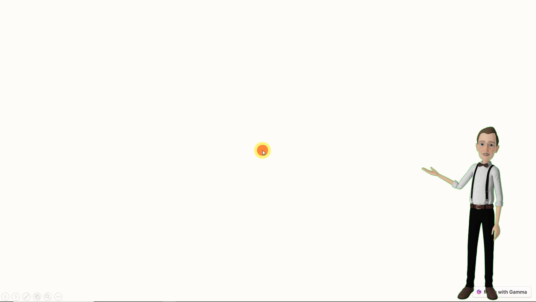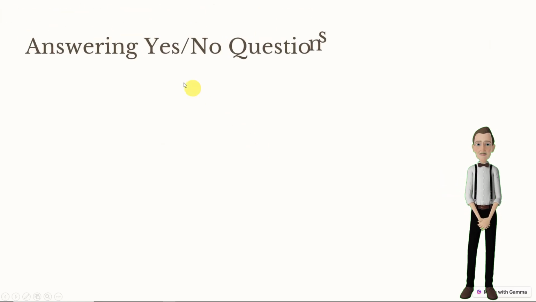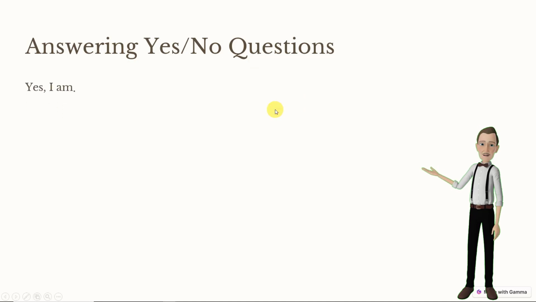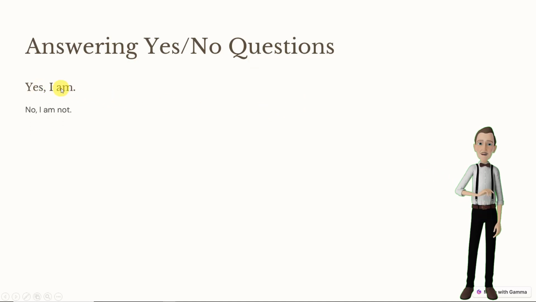Okay, let's have a look at answering yes-no questions. Wow, that could be interesting. Yes, I am, or no, I am not. Right? You cannot say yes, I'm. Sorry, you've got to say yes, I am. Here you can say no, I'm not. Right? It will still be okay.